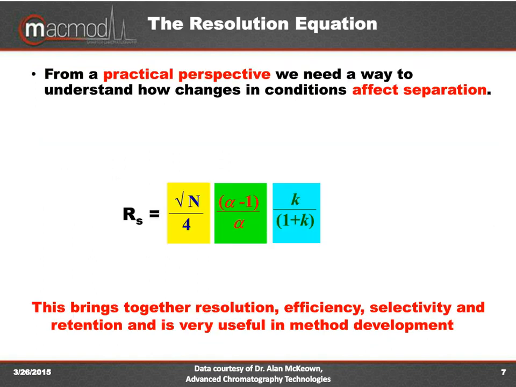So, in looking at resolution itself, it's comprised of 3 different factors: an efficiency factor, a selectivity factor in the middle, and then a retention factor. These come together to define what the resolution is, and these can be more or less changed independently to improve or change your resolution.